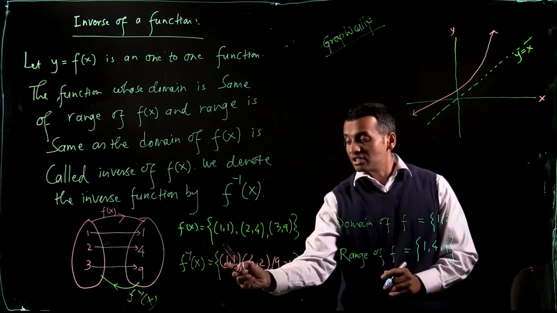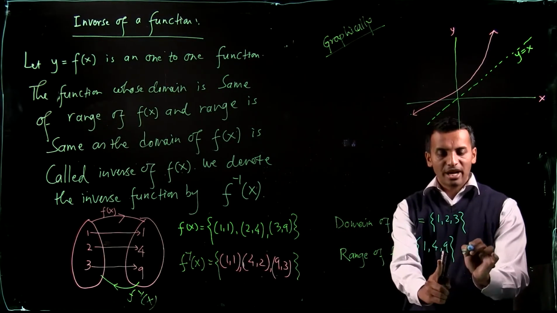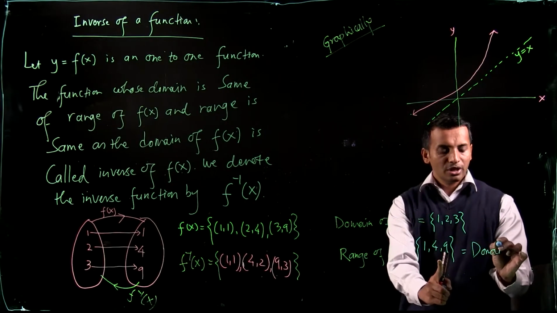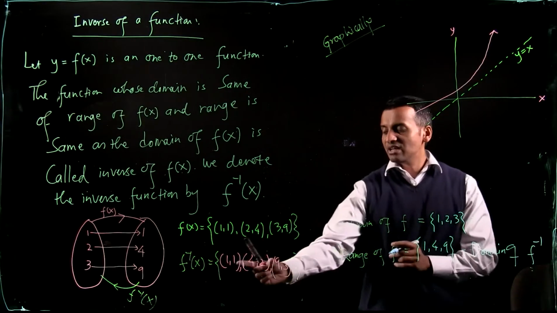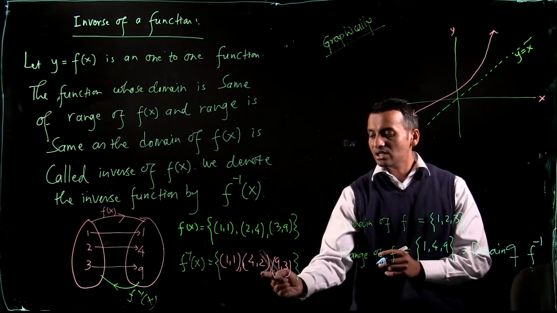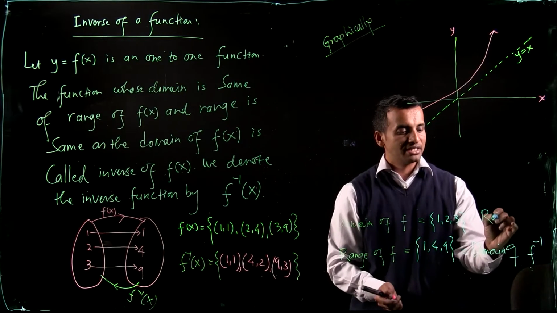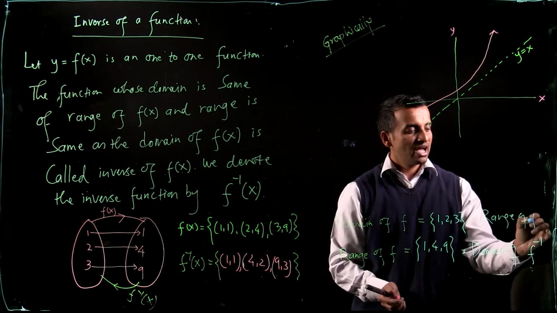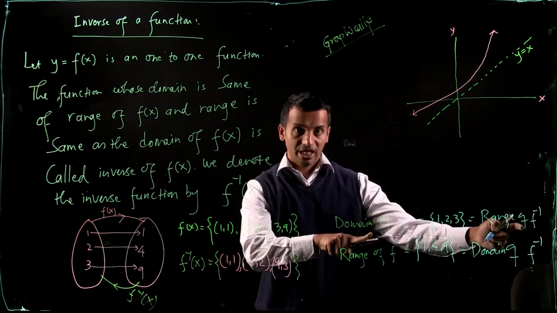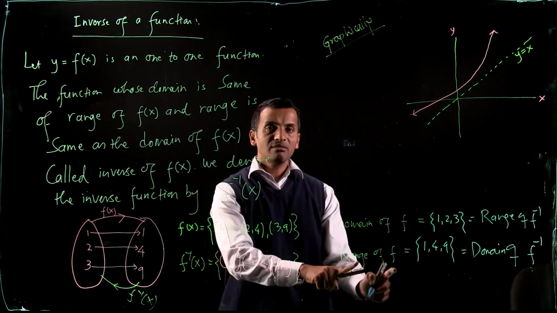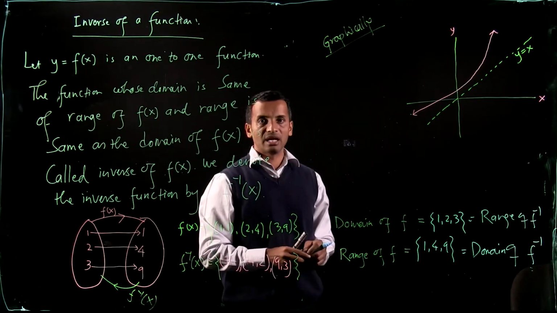The collection of all first components: 1, 4 and 9. This is the same as the range of f. And what is the range of f inverse? The range is 1, 2 and 3, the collection of y components. It is the same as the domain of f. You can see that the domain of the function is the same as the range of the inverse function, and the range of the function is the same as the domain of the inverse function.